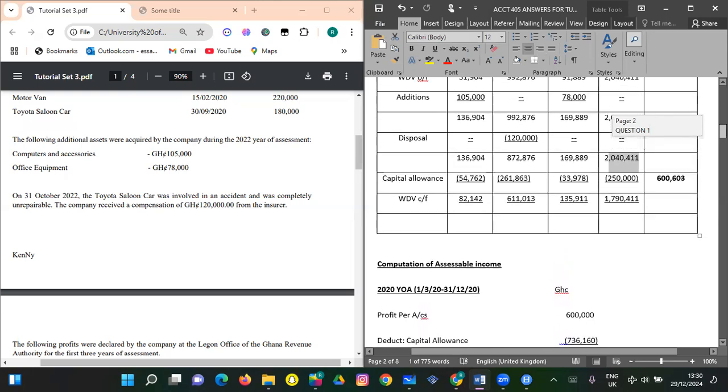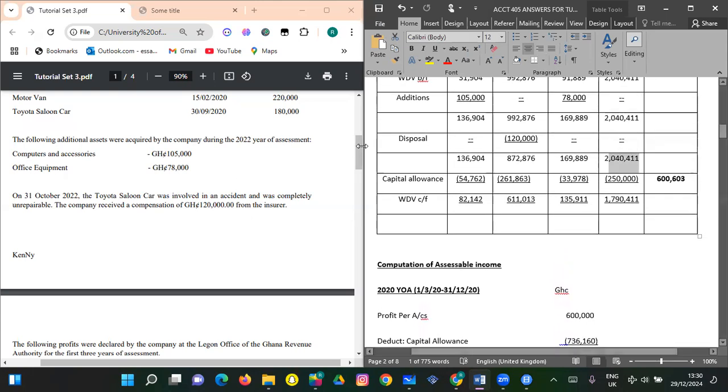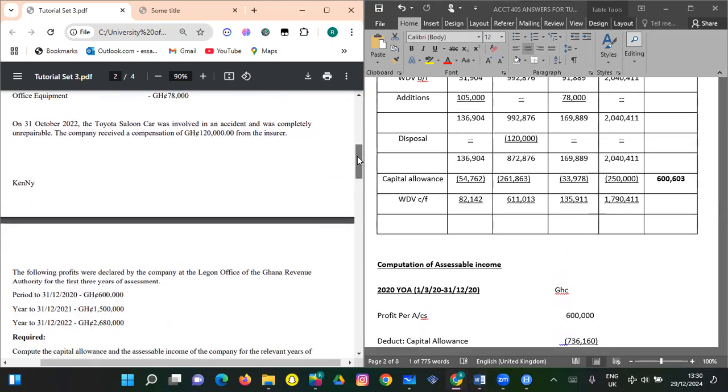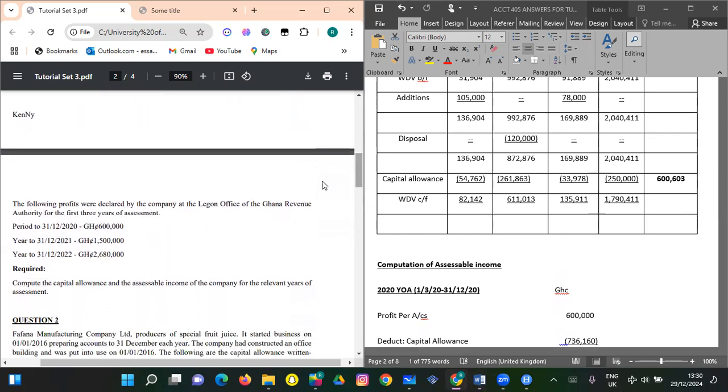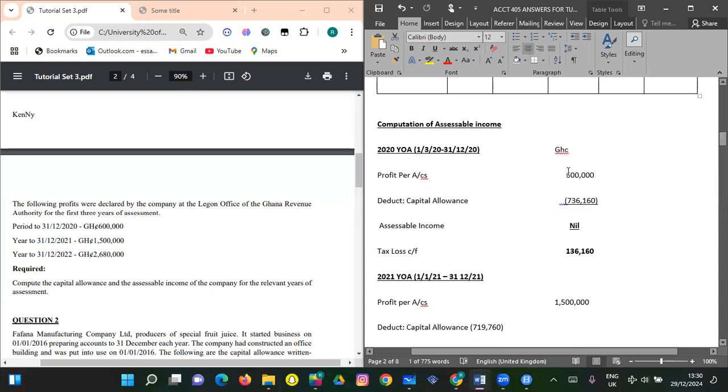Now, we are told to compute the assessable income for these 3 years. So the period to 31st December 2022. Here was our profit, 6 million.